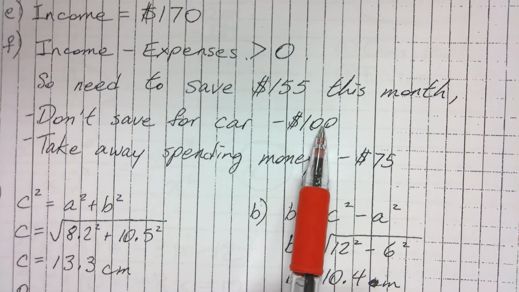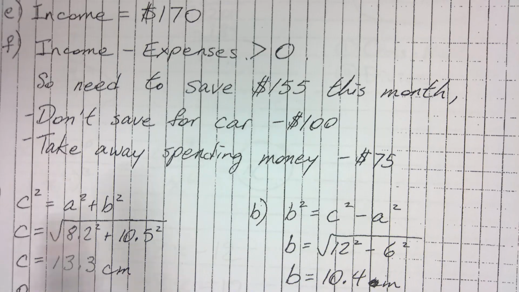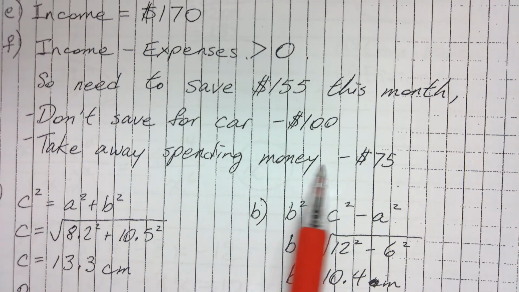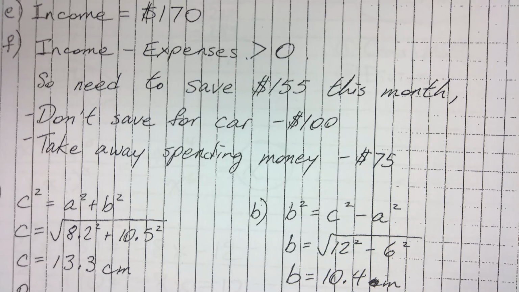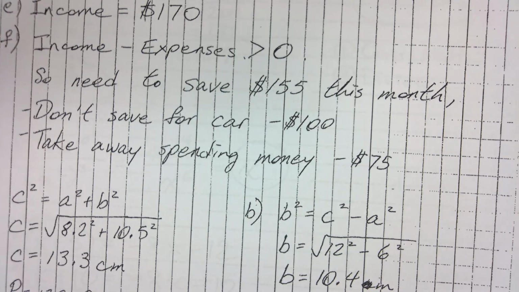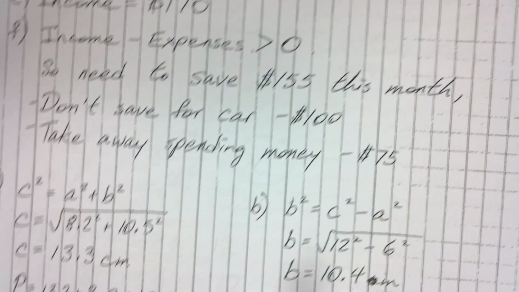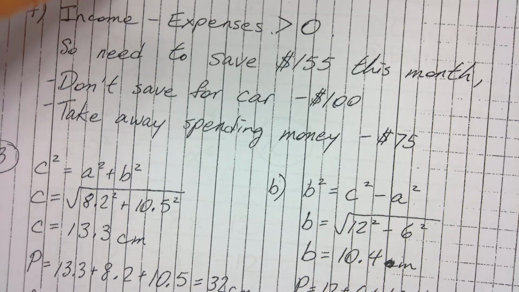Only save up money when you are able. Then take away the spending money, the $75. That's just one option. Or you could cut down on the gas and just walk for that month. Those are just some examples.